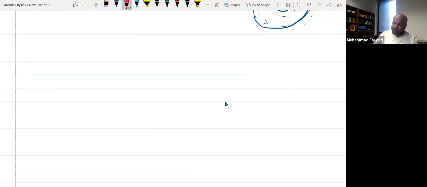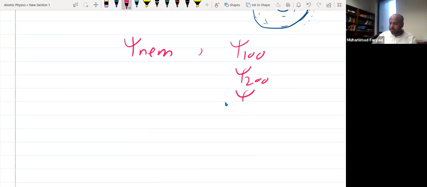So far, we talked about this psi, which is just described by n, l, m, so that we can have psi 100, psi 200, psi 210, psi 2 1 minus 1, psi 2 1 plus 1, and so on, where the third index tells us the value of m, the second the value of l, and the first the value of n.